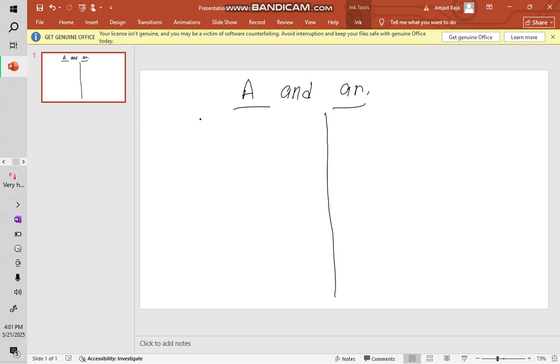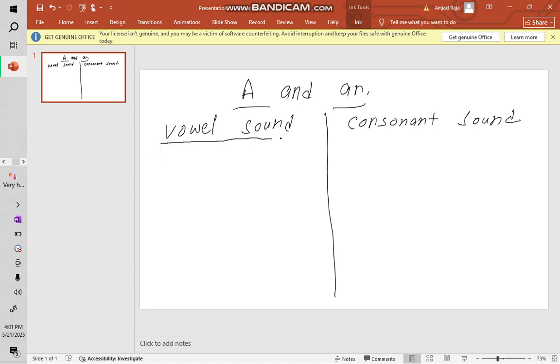So we can just divide them: vowel sound and consonant sound. If you have the vowel sound, you will use an, and if you have the consonant sound, you will use a. That's the very simple difference.